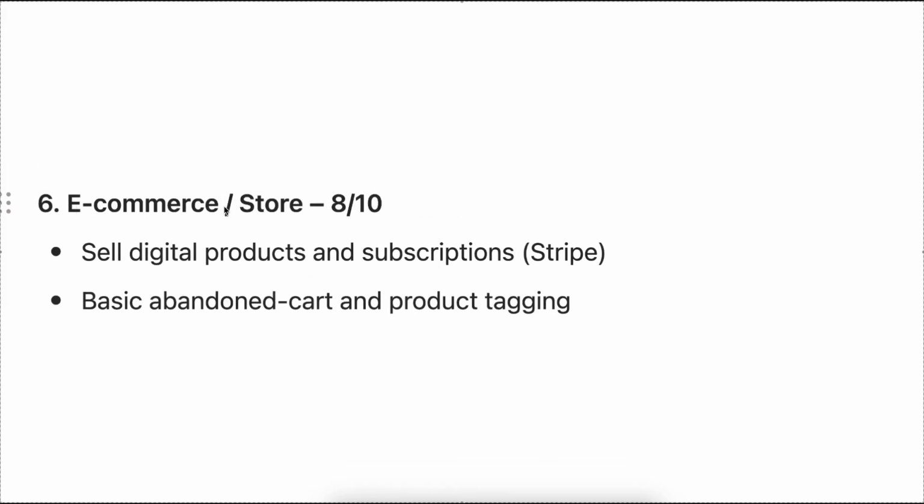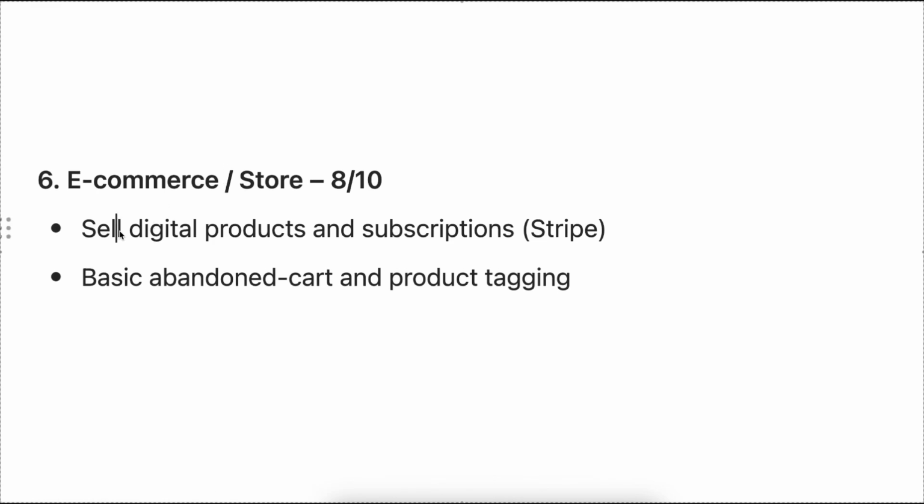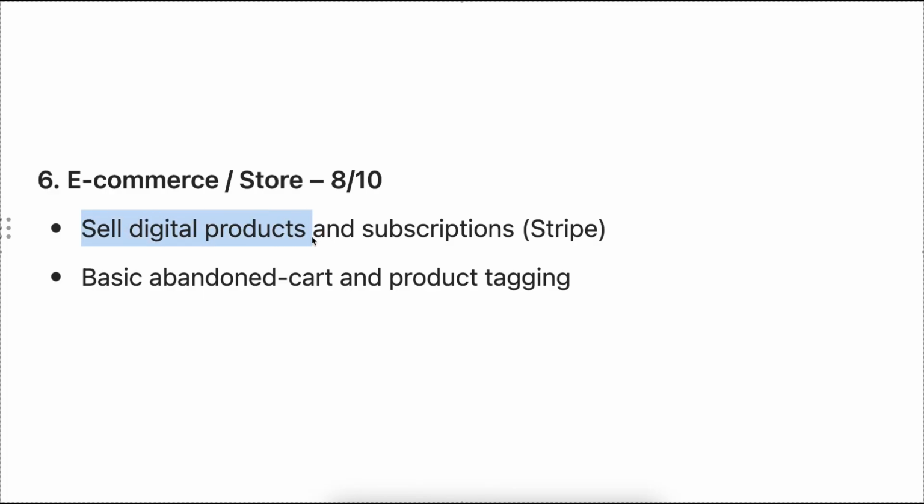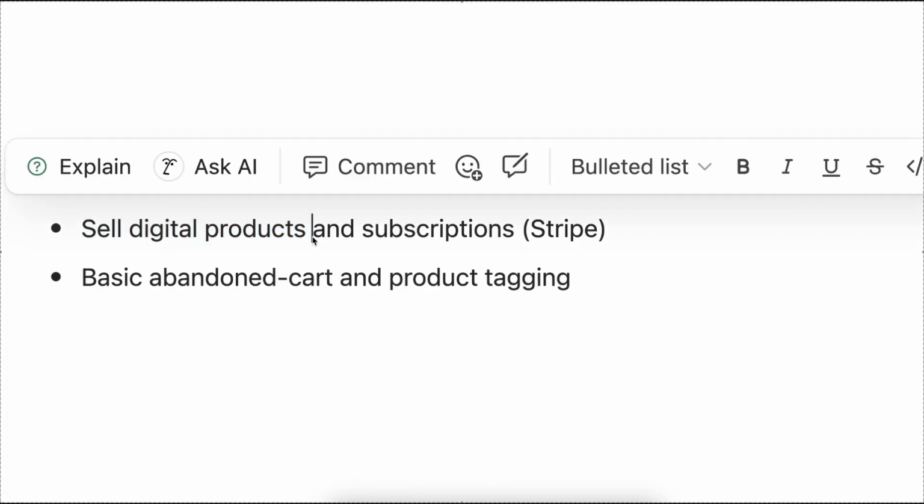When it comes to e-commerce, you have all of the basic integrations with WooCommerce, Shopify, all that. And also, MailerLite actually allows you to, even if you don't own any store, basically sell digital products just by using MailerLite.